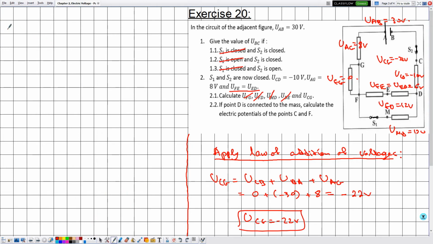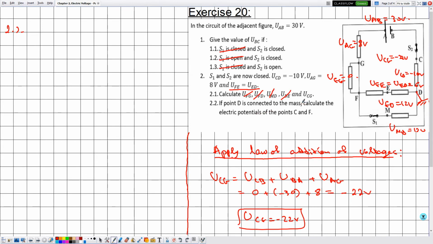Now in 2.2 they are telling me that point D is connected to the mass, so the point D is considered the mass terminal. We are interested in determining the electric potentials of the points C and F. So let's say that VD is equal to 0, the electric potential reference.